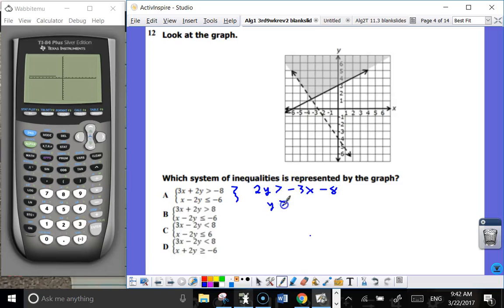So y is greater than -3/2 x and -4, like that. And then for the second one, I would have to say -2y is less than or equal to -x minus 6. Divide by -2. Oh, what do I have to remember to do? Flip the sign. So this will be 1/2 x plus 3.